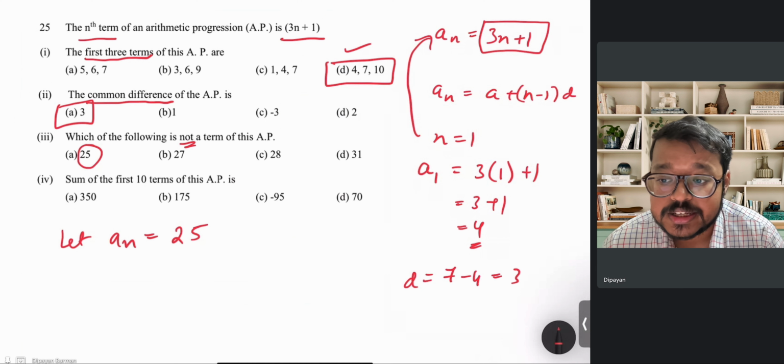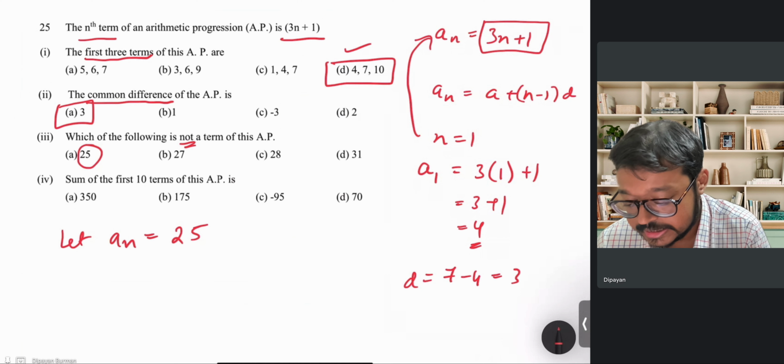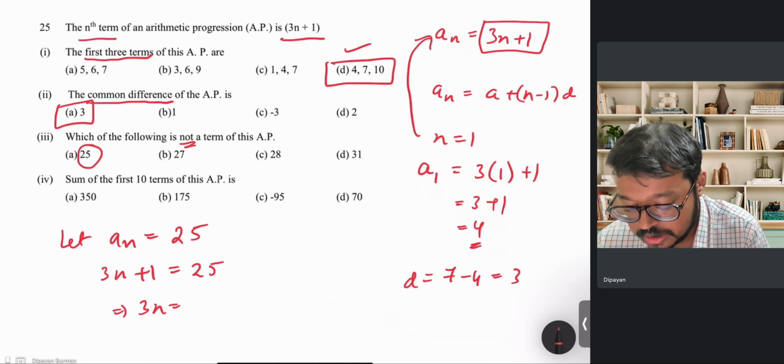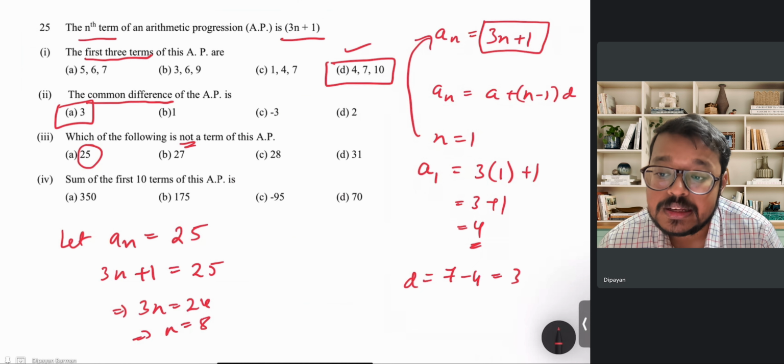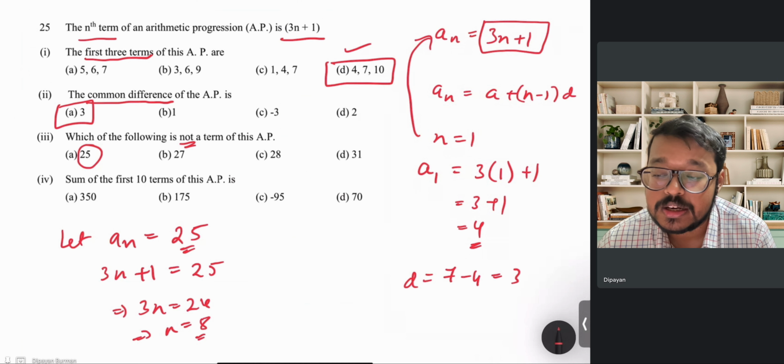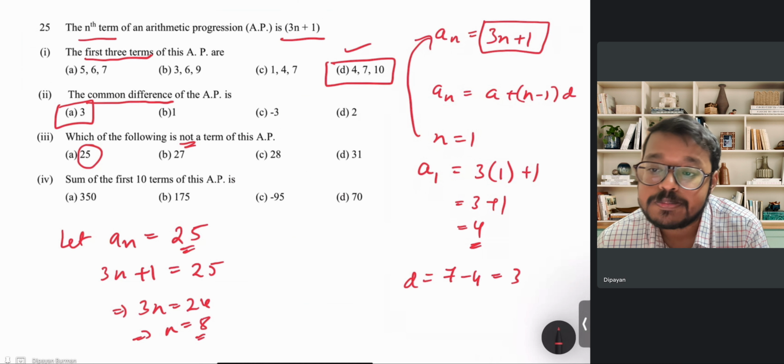The nth term expression is 3n plus 1. So if I plug in 3n plus 1 equals 25, I get 3n equals 24, and that means n equals 8. That means the eighth term of the AP is 25. So 25 is part of the AP.